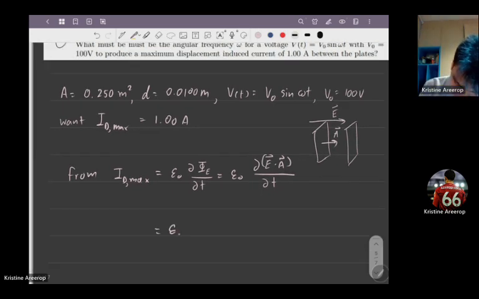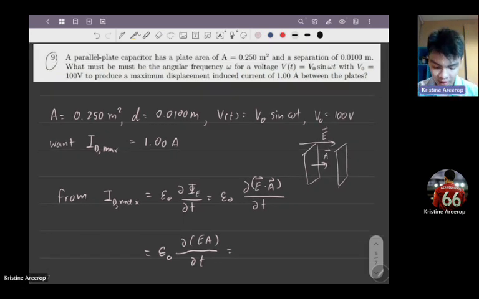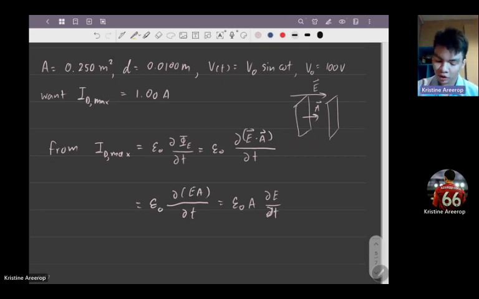Then I_d max is epsilon 0 multiplied by the partial derivative of EA by dt, but A is a constant value, so I_d max equals epsilon 0 A partial derivative of E by dt.